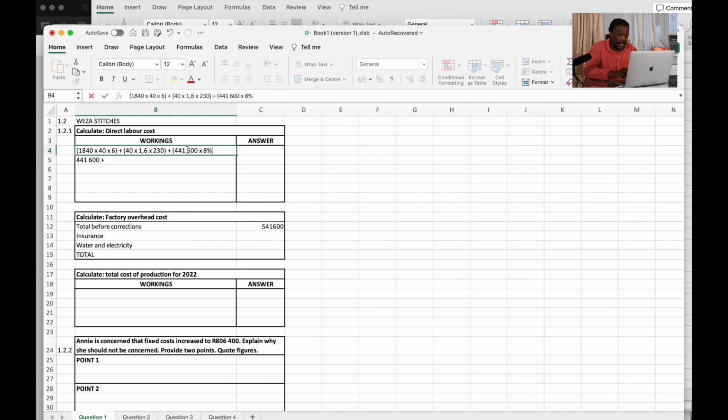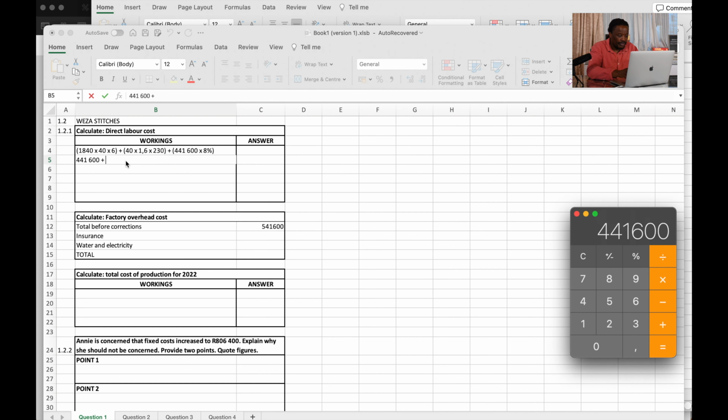Very important. Don't forget these concepts. Now plus that rate of 40 rand times 1.6 as the rate for those who made sacrifices to work overtime, times the number of hours worked by those employees, which was 230 hours, and we got 14,720.